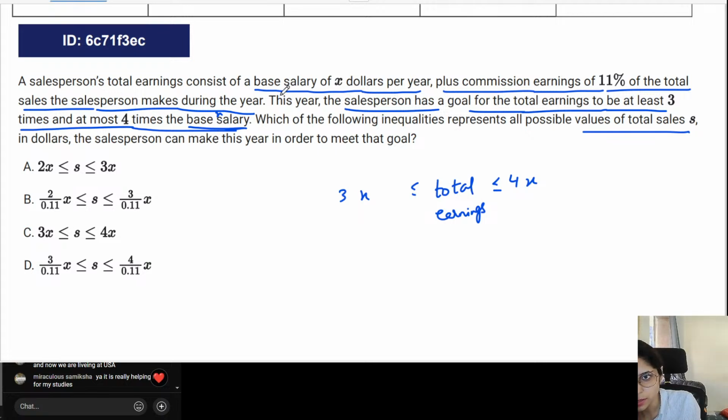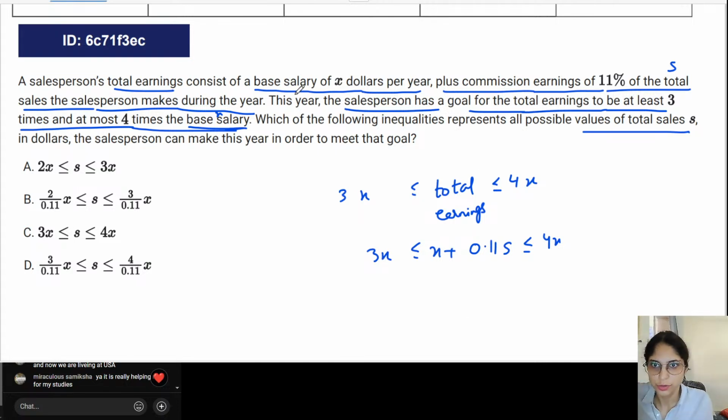Now what are the total earnings? Total earnings consist of a base salary, so this is X, plus commission earnings of 11%, so 0.11 of total sales. Total sales is S, so this is 11% of S, so 0.11S. Got it?